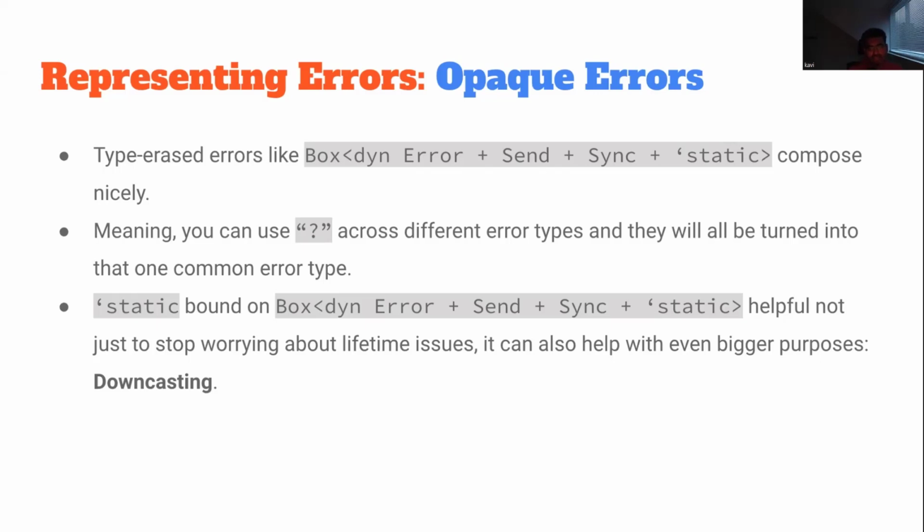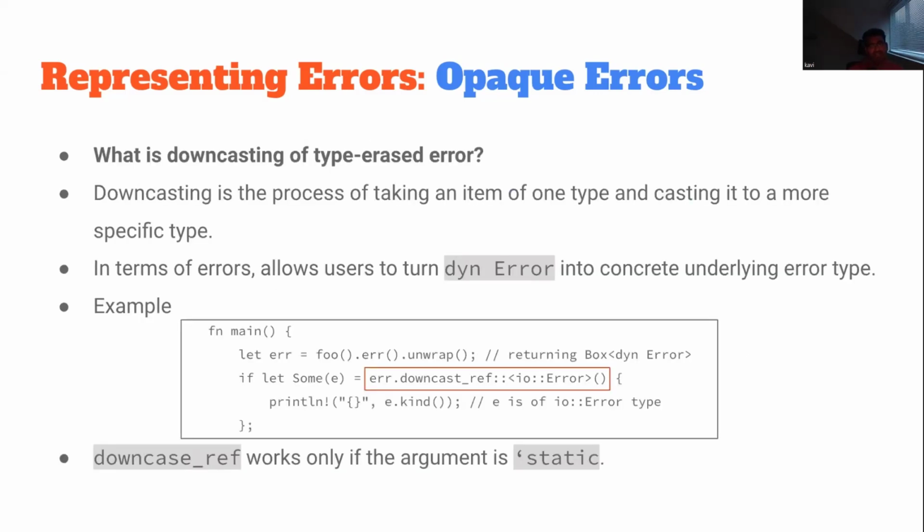There is also another thing, which is a bigger purpose, which is downcasting. So what does that mean? Generally downcasting means converting one type into a more specific type, right? Let's say you have some trait object, and you want to know what concrete type it belongs to. That's what downcasting generally means.